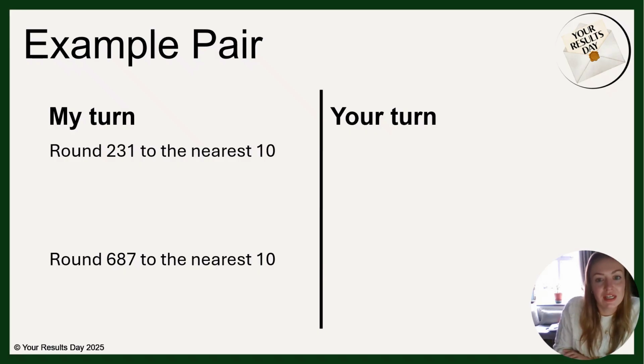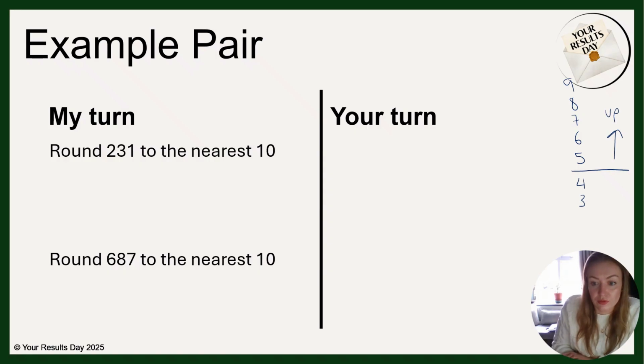Now, something that might really help you with this is a little diagram that explains when digits cause a number to round up or stay the same. So if you see the digit 5, 6, 7, 8 or 9, these are the 5 digits that cause a number to round up. However, if you see the 5 digits 4, 3, 2, 1, 0, so we've got an even split, 5 digits above and 5 digits below, that's when it causes the digit to remain the same.